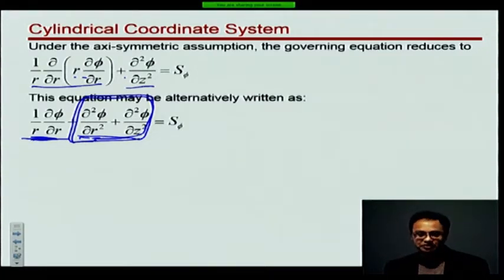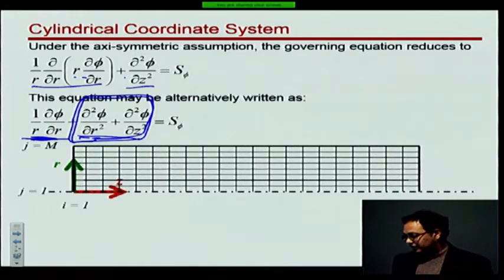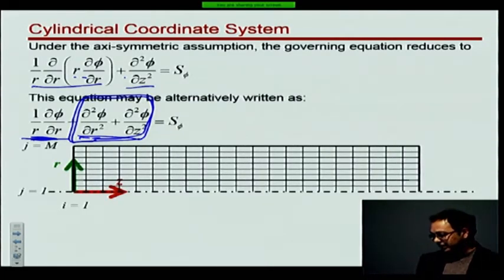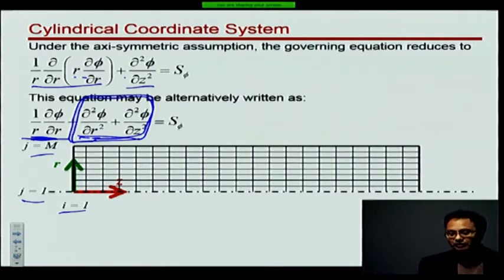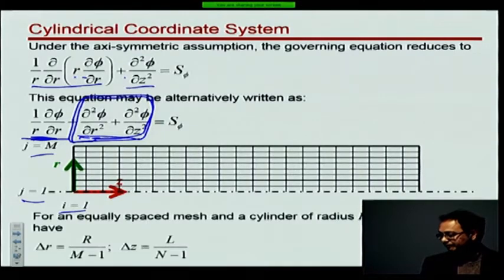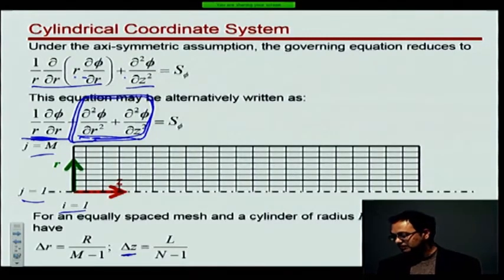So in terms of our finite difference formulation, again, same mesh, everything same, starting from i equal to 1 here, i equal to n here, j equal to 1 here, j equal to m there. No difference. Grid spacings, exactly the same. Delta x is that, delta r is that.